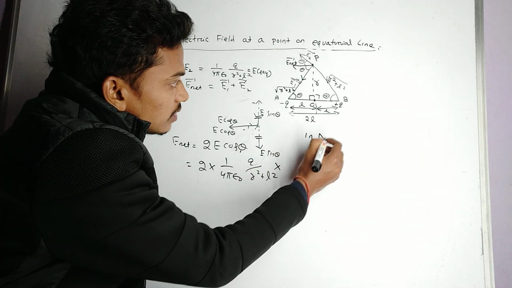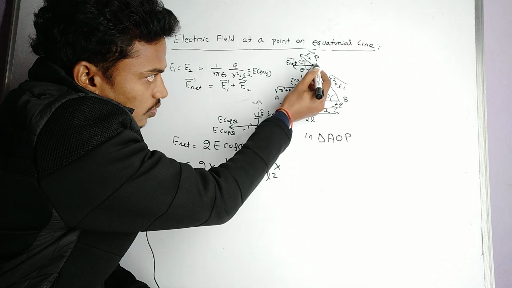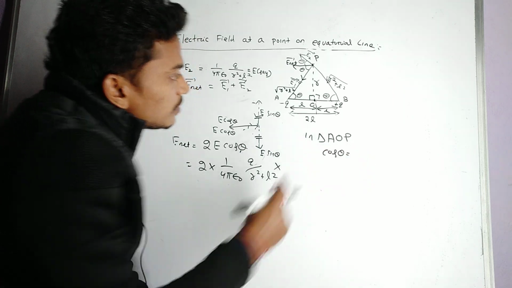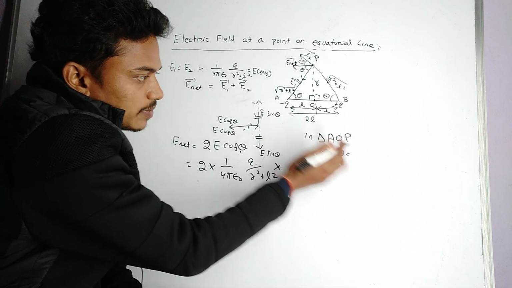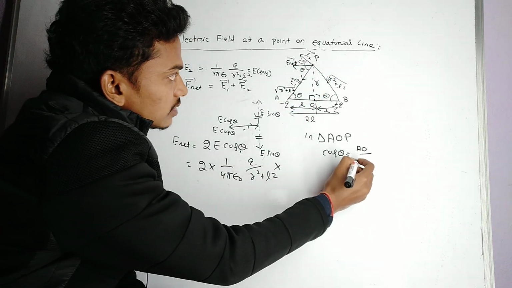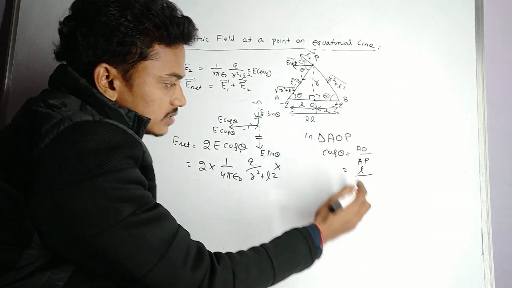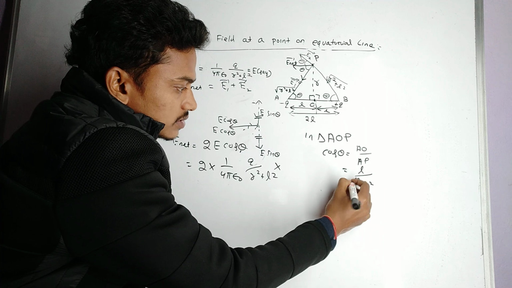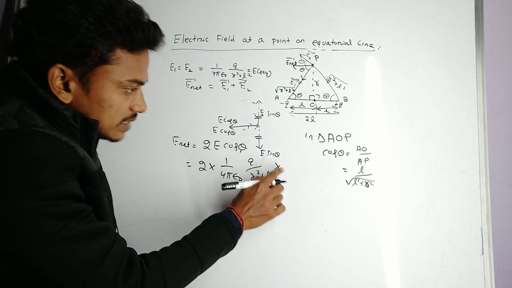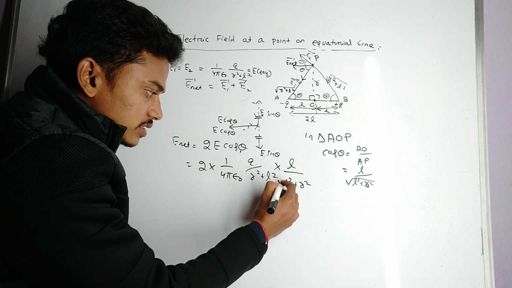In triangle AOP, this right angle triangle, cos theta equals base by hypotenuse. Base means AO, which is L, and the hypotenuse is AP, which is the square root of L square plus R square. So in place of cos theta we can write L by the square root of L square plus R square.